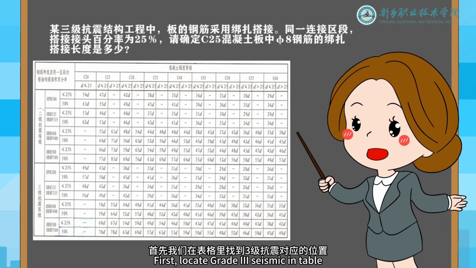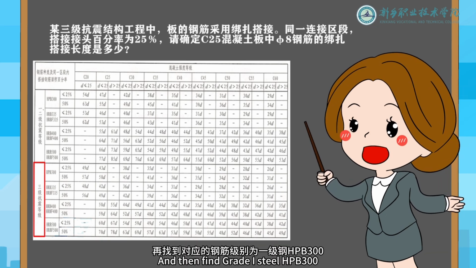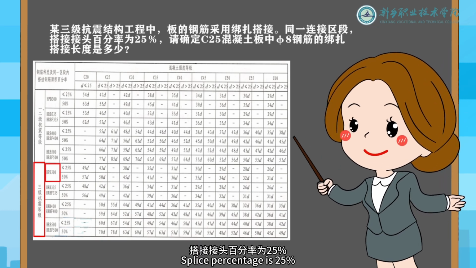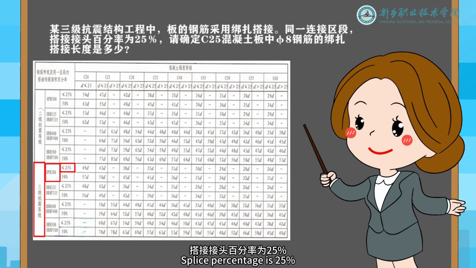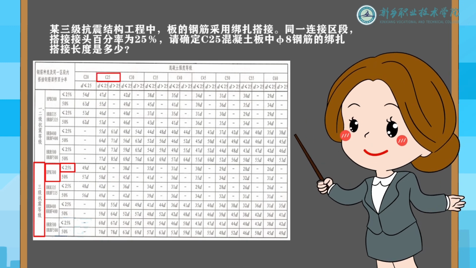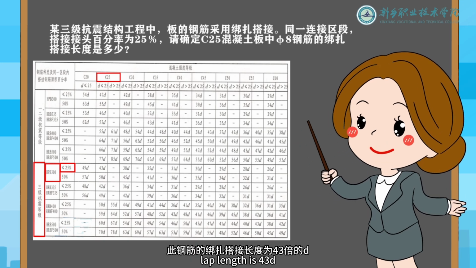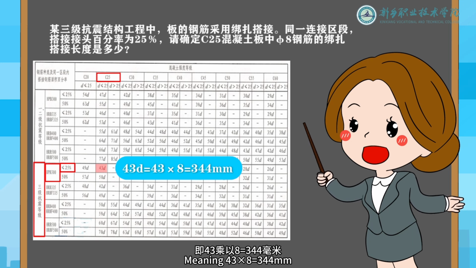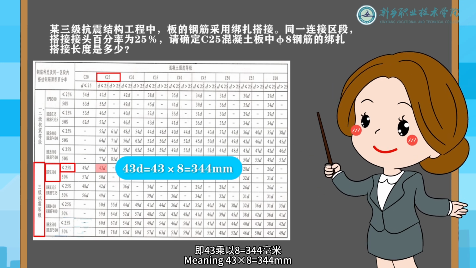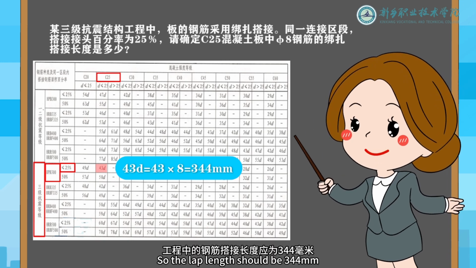First, locate grade 3 seismic in table. And then find grade I steel HPB300. Splice percentage is 25%. Concrete strength is C25. From table, we get that lap length is 43d, meaning 43 multiplied by 8 equals 344. So the lap length should be 344 millimeters.